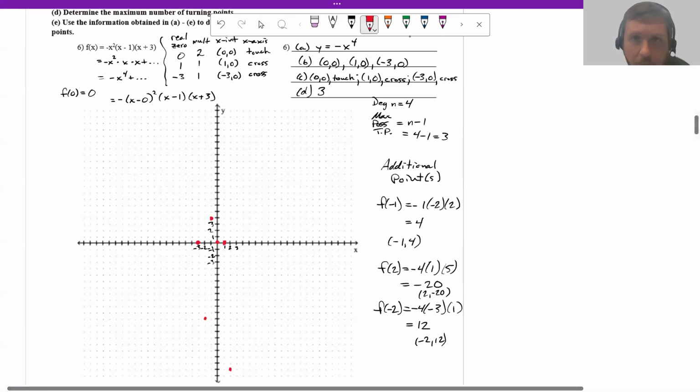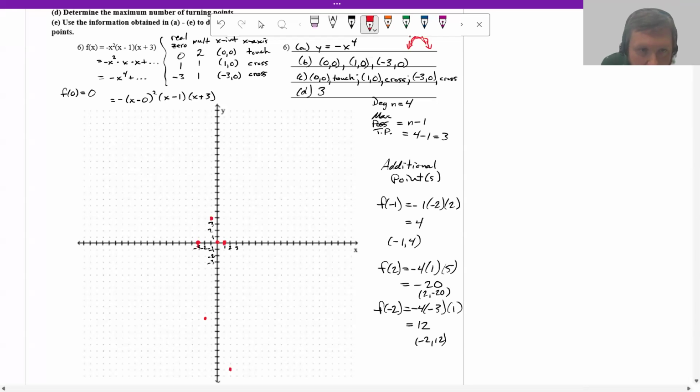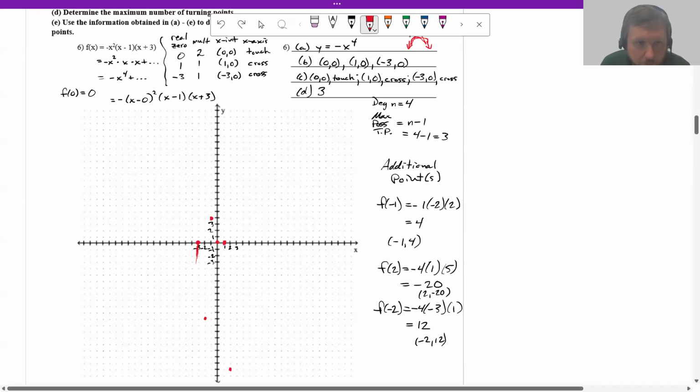So the end behavior looks like that, right? It's a frown shape. So just paying attention from our x-intercepts, from this one, we know it's supposed to be crossing at -3, so I'm just going to put an arrow going out of there.